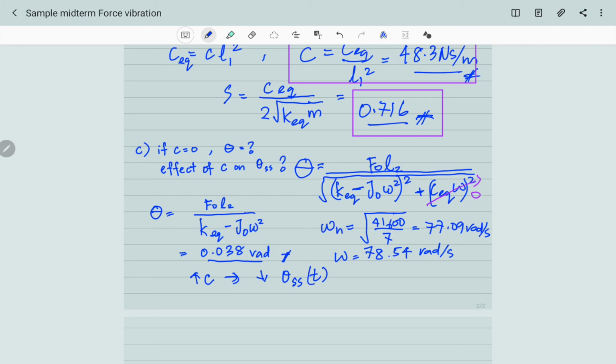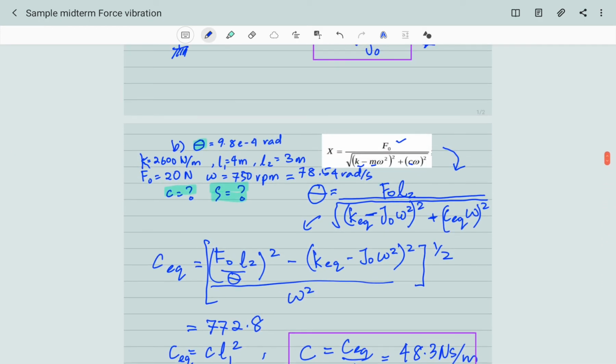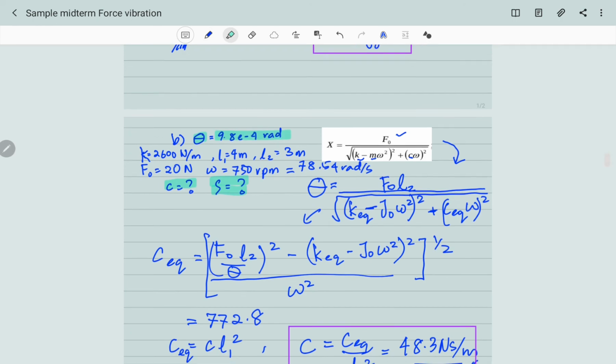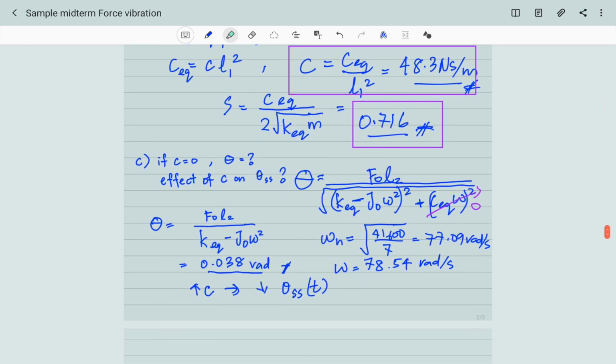You can also compare part B and part C. In part B, the amplitude is 9.88, but now without damping it increases a lot.